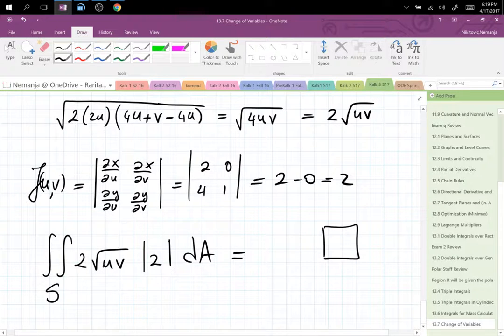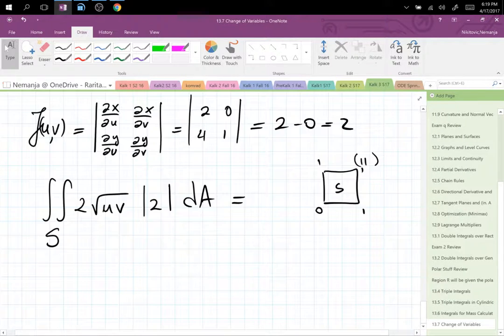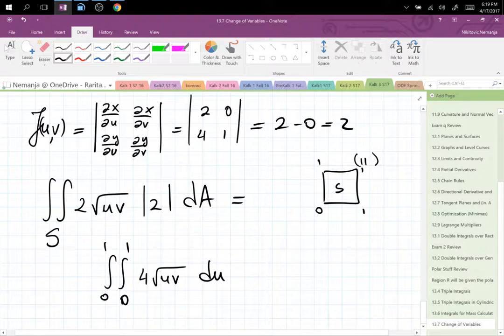The region S is 0, 1, 1, 1, and 1 square, which means that we can set it up any way we want. 0, 1, 0, 1, of 4 root uv du dv, or dv du, doesn't matter because it's a square.